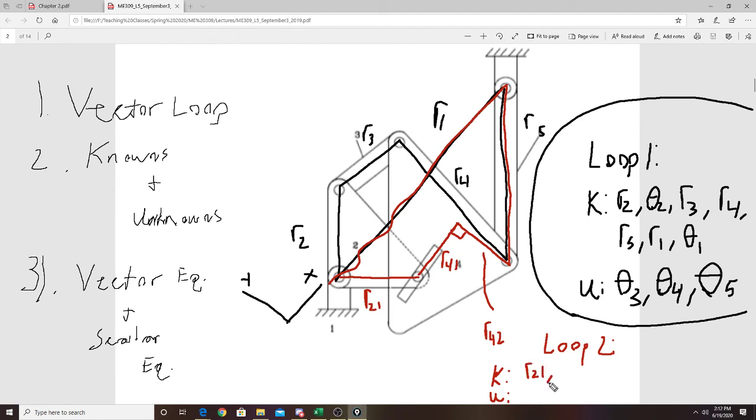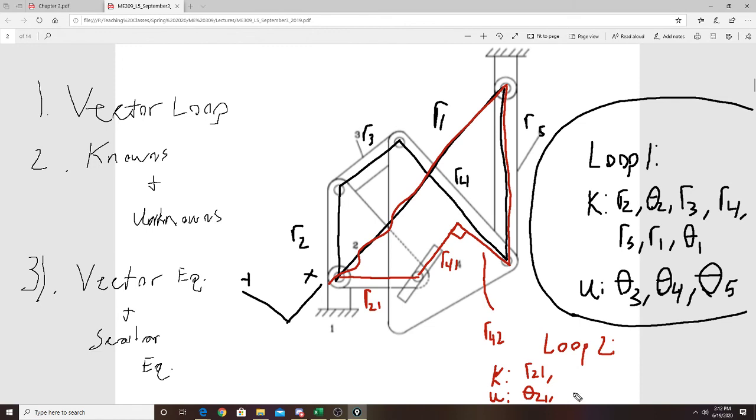What about theta 21? Now this one, you guys should definitely have. Will this angle be the exact same if it slides up to here? That is definitely, yes, it will not be. So theta 21 is right here in the unknown pile. What about R41?